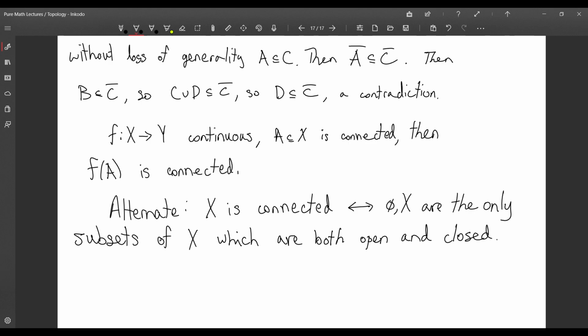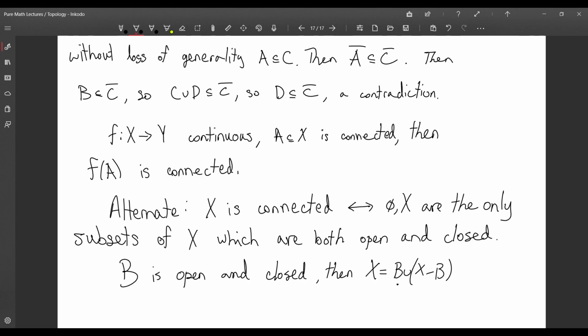The reason being is that if B is open and closed, then X equal to B union B complement is a separation, right?